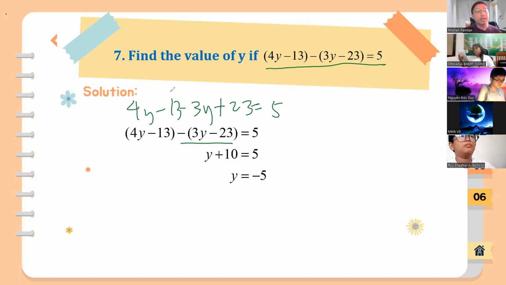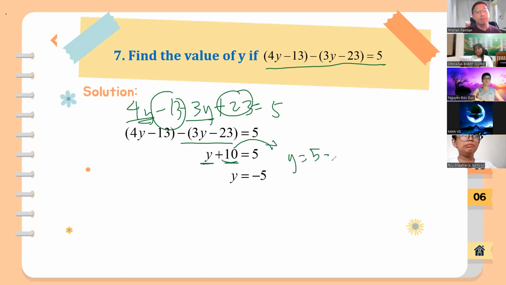Here you would notice negative 13 and positive 23, that's plus 10. And then 4y minus 3y, that's positive y. So here you can then transpose 10 to the other side. So that becomes y is equal to 5 minus 10. So y equals negative 5. And that is why we get negative 5 as our answer.